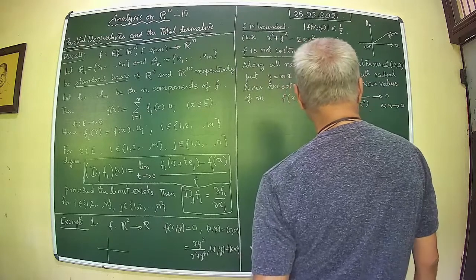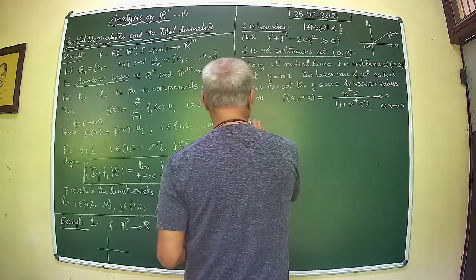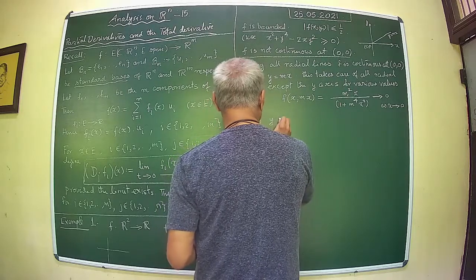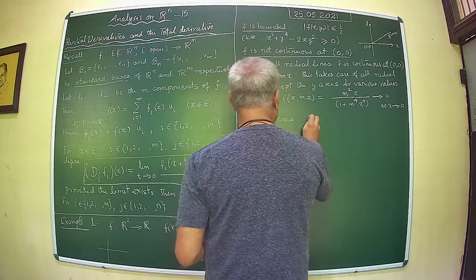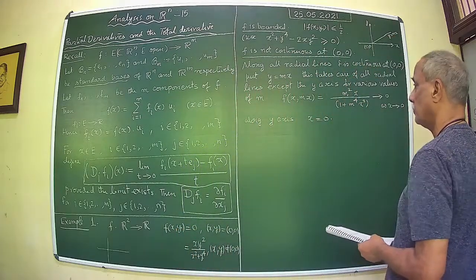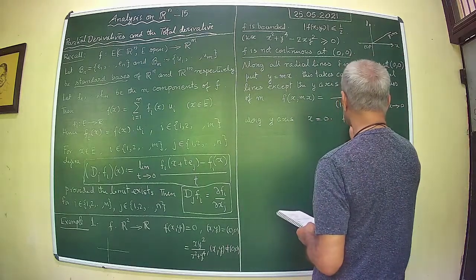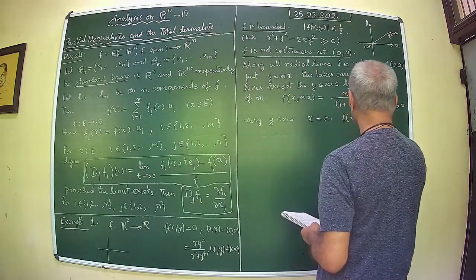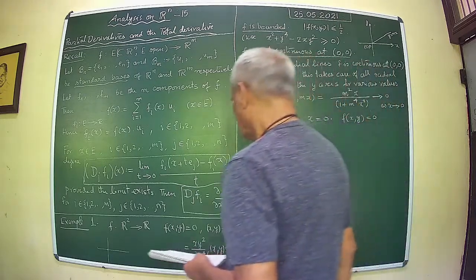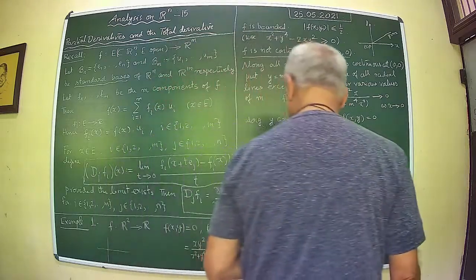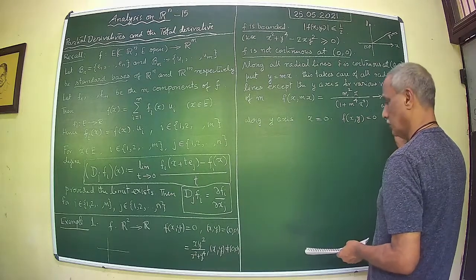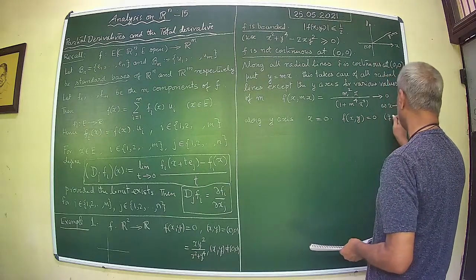And along x equal to 0, f(x,y) is equal to 0 by definition, for y not equal to 0.